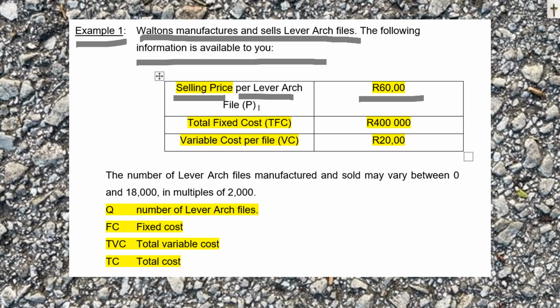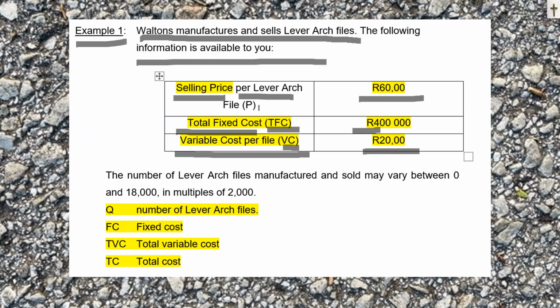That is P, the price. It doesn't matter how many lever arch files are produced, the total fixed cost, TFC, is 400,000, and the variable cost per file, VC, is equal to 20 Rand.